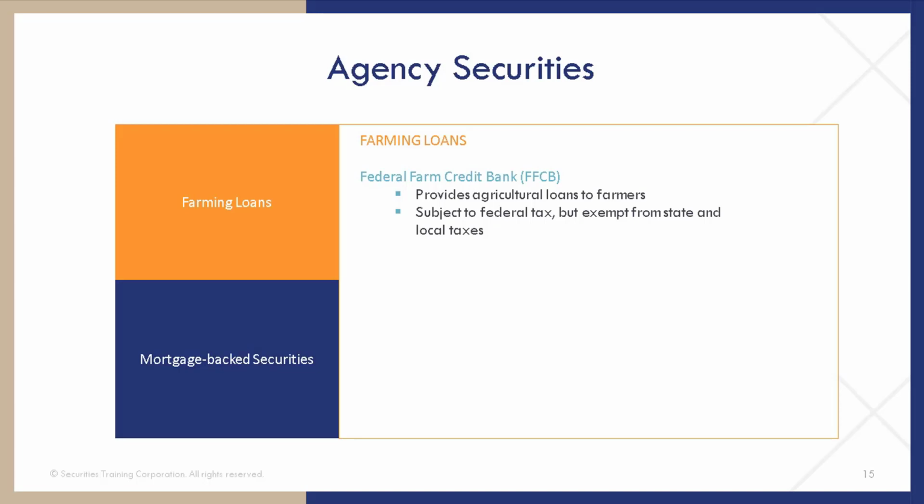Farmers have very seasonal demand for money, and the Federal Farm Credit Bank, part of the Federal Farm Credit System, steps in to help by providing loans to farmers. Now, the interest on this debt is generally subject to federal tax, but exempt from state and local taxes. So they issue bonds to raise money to provide financing to farmers. The interest you receive is subject to federal taxes, but generally exempt from state and local taxes.